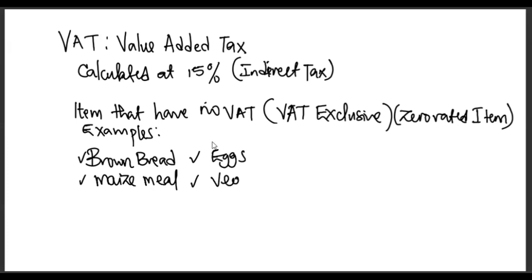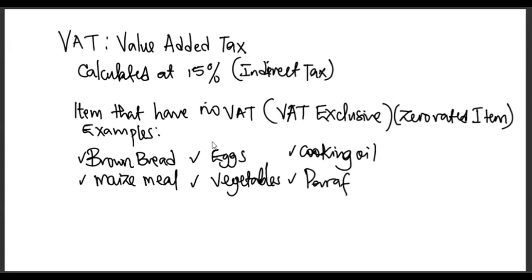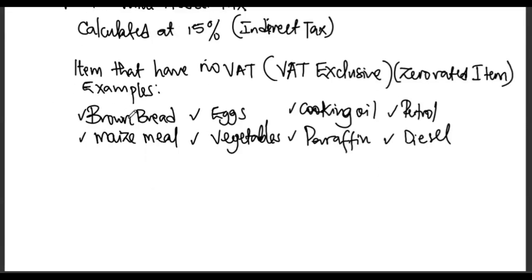We look at vegetables, we have cooking oil. We have paraffin. We have petrol. We have diesel. These items don't have VAT. It would depend on the list that you have, but these ones commonly don't have VAT.